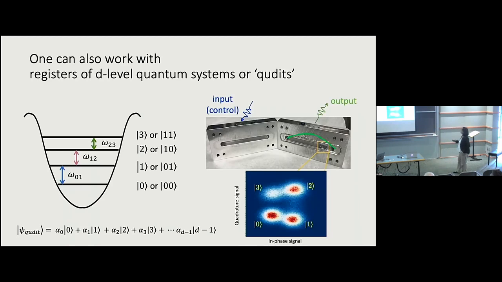What I'm showing here is the superconducting cavity technology that has been developed in Livermore by my colleagues down the road. I'm also showing an image of the 4 states populated that has been taken by my colleagues. So you can see here the 4 states of the 2 qubits.